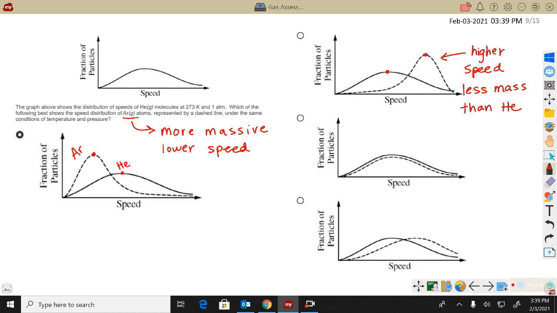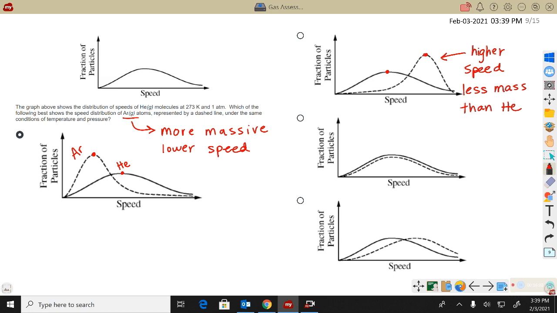Here's another one that's kind of similar. The graph above shows the speeds of helium atoms at 273 Kelvin and 1 atmosphere. Which of these best shows the speed distribution of argon gas, represented by the dashed line, under the same conditions of temperature and pressure?